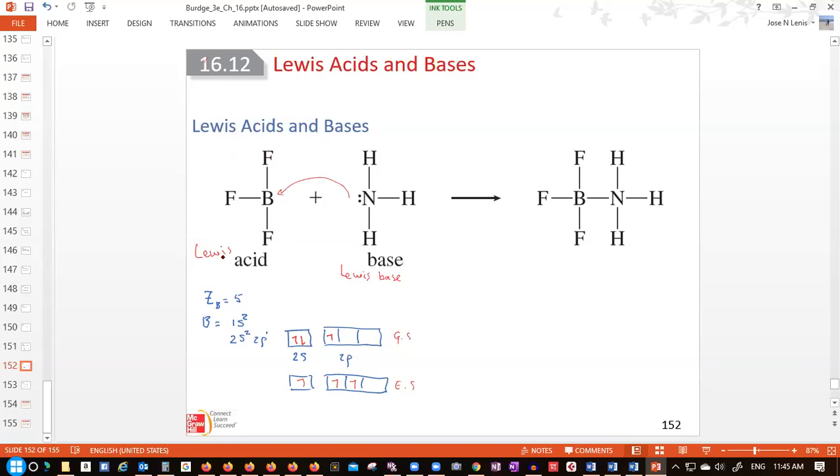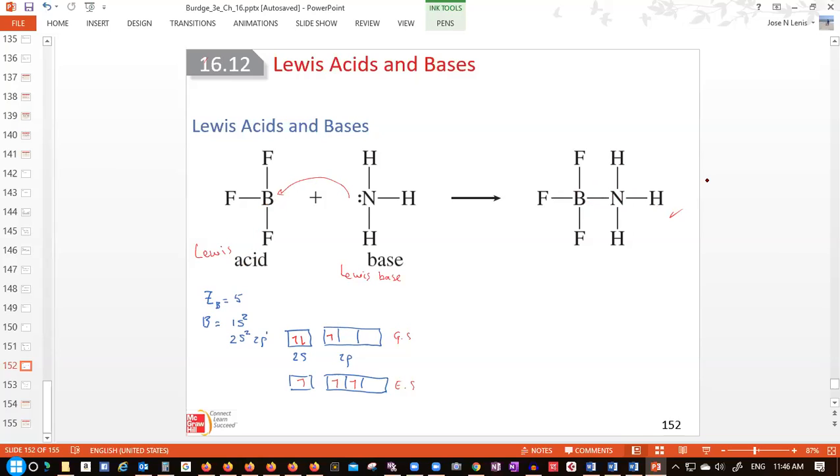However, Lewis' definition does. Now we understand that boron can accept a pair of electrons, making it a good Lewis acid. And this is the product, a very stable structure. Look, count the electrons around boron, 2, 4, 6, 8. Around nitrogen, 2, 4, 6, 8. So that's the product.